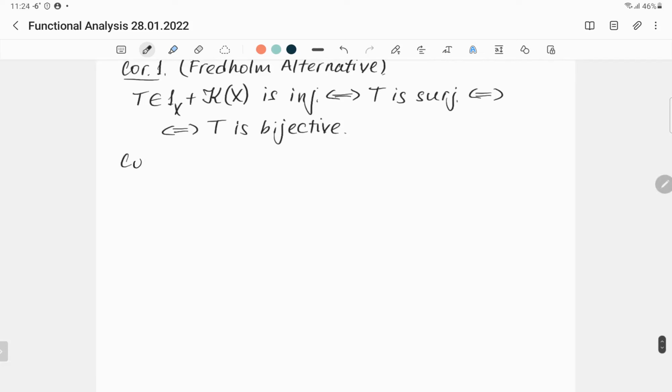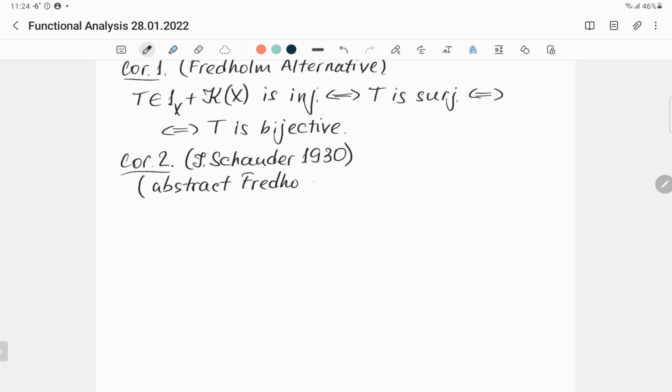And corollary 2 is due to Schauder. This corollary contains the abstract Fredholm theorems. The classical Fredholm theorems are some results about integral equations, and Schauder's observation together with Riesz's theorem gives an abstract form for Fredholm's theorems.